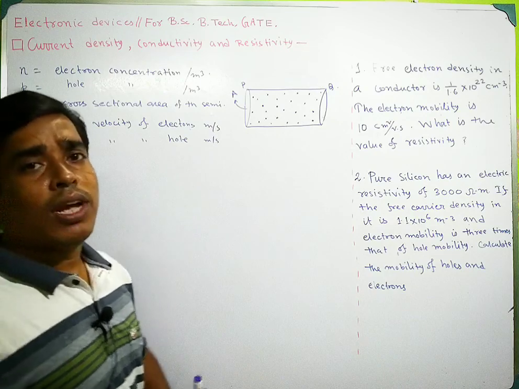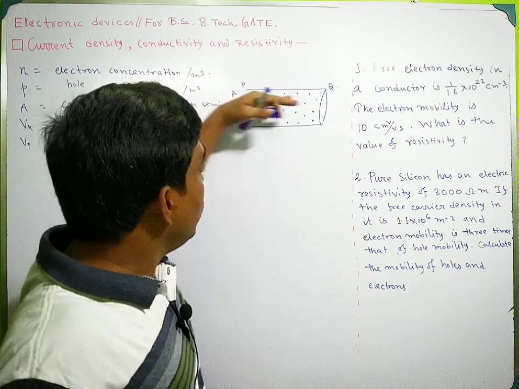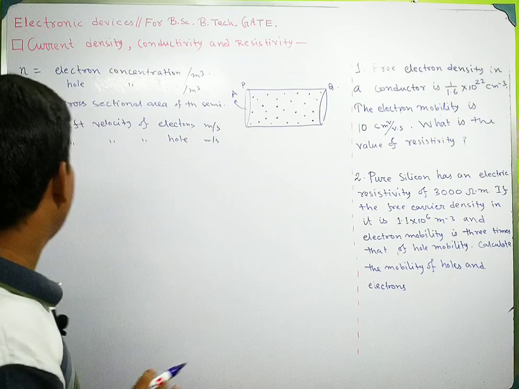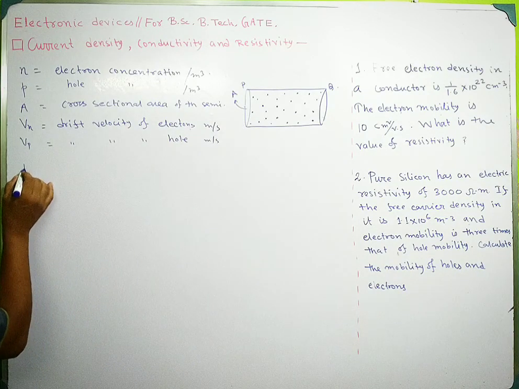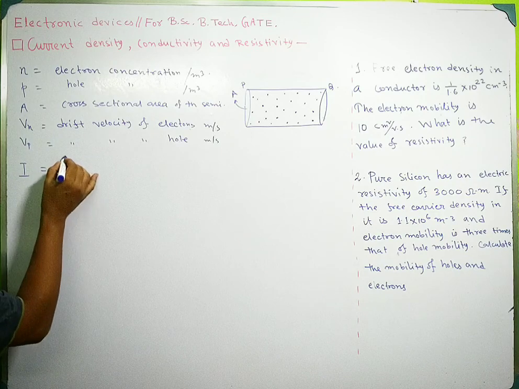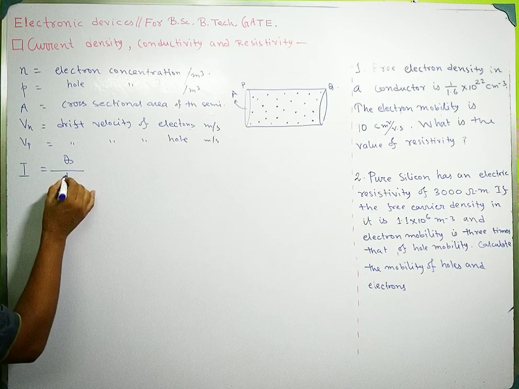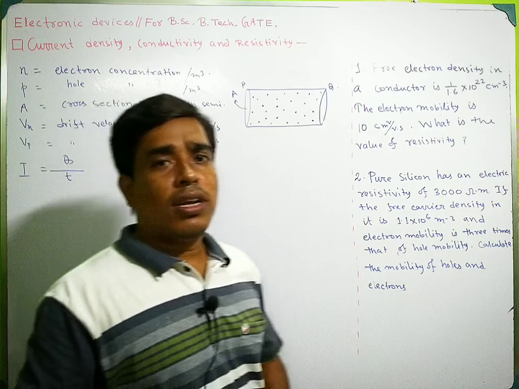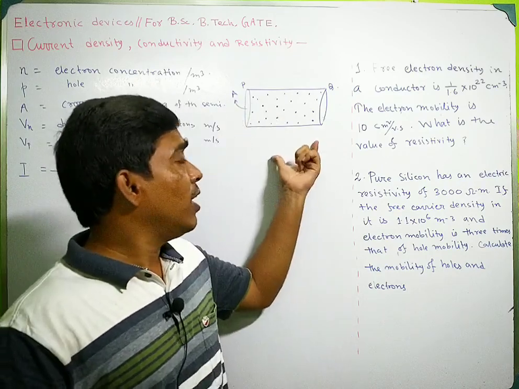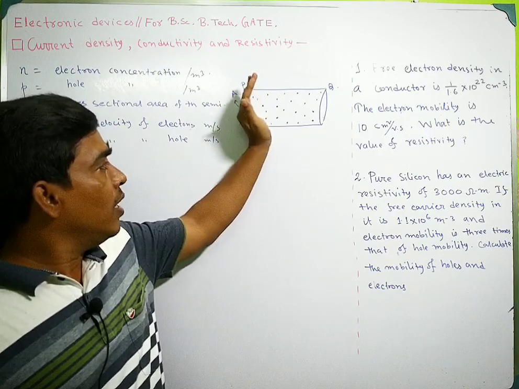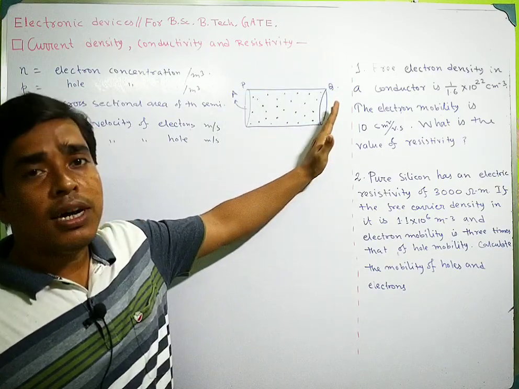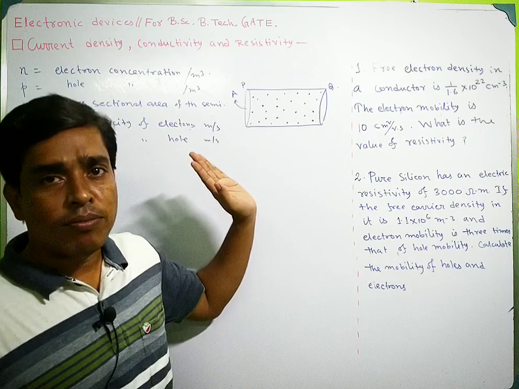Now we have to calculate the current through this semiconductor. Current I can be calculated as total Q divided by time. So current through this semiconductor can be calculated as total charge that leaves this cross sectional area per unit time.